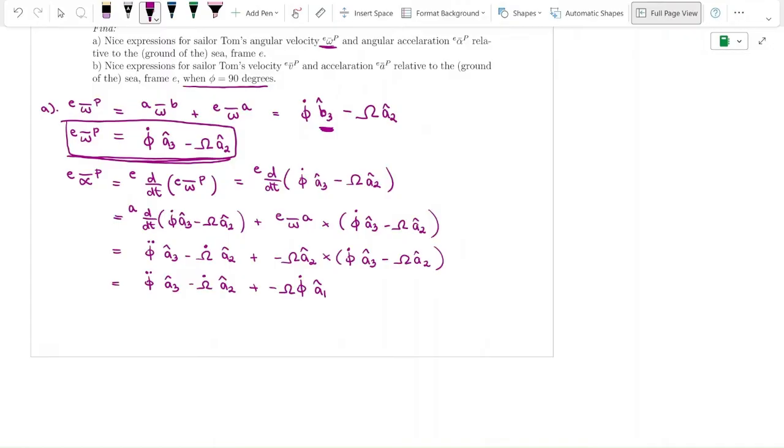And then a2 cross a2 is just going to be 0, so we leave it as is. Okay, so that should give you the angular acceleration. Let me just check my work, unlike what I did last time. Yeah, so this is correct. This is the angular acceleration of Tom with respect to the E frame.